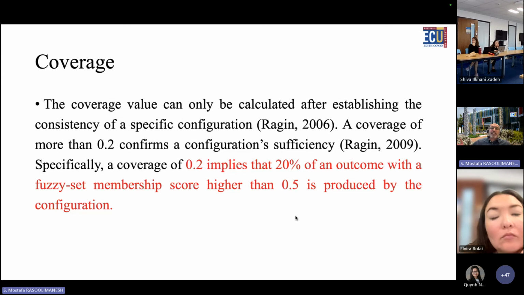Some studies actually propose other values. For example, some studies propose 0.4 or 0.5 for coverage. So it actually depends on the area of research.